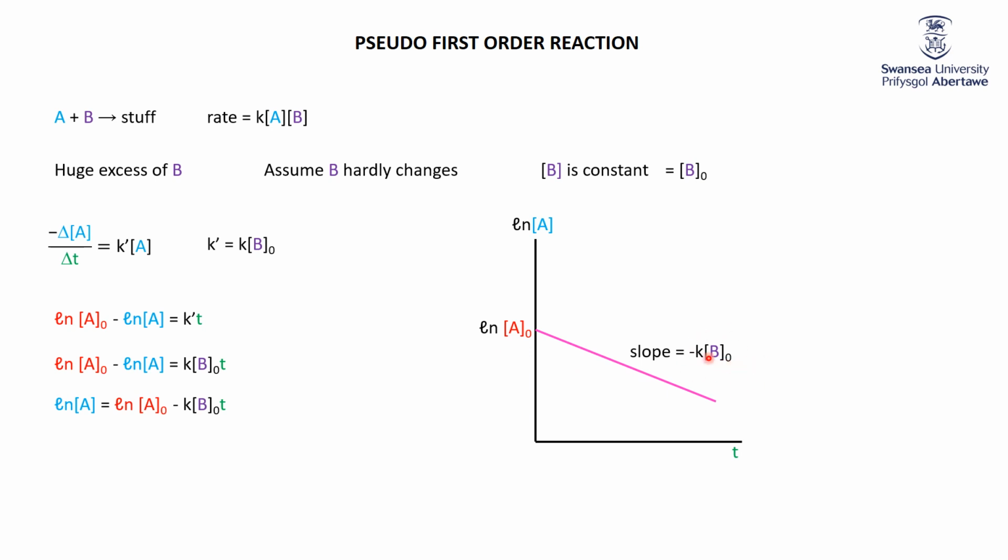So as long as you know your starting concentration of B, which you always do, you can get the value of k associated with this reaction, even though it's not a first order reaction overall, because it's first order in one reactant, with a huge excess of the other reactant, and you can still study the reaction effectively. So there we are, first order reactions studied via the integrated rate law, which is this extremely important relationship.